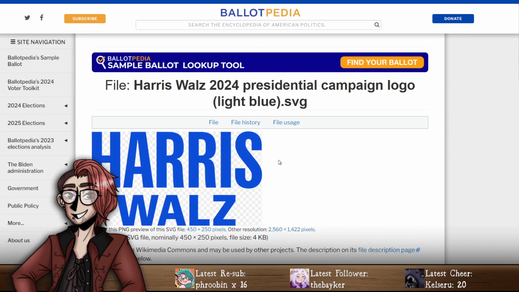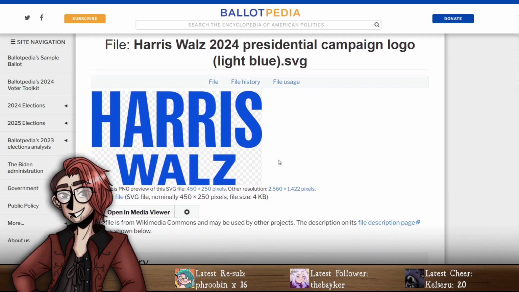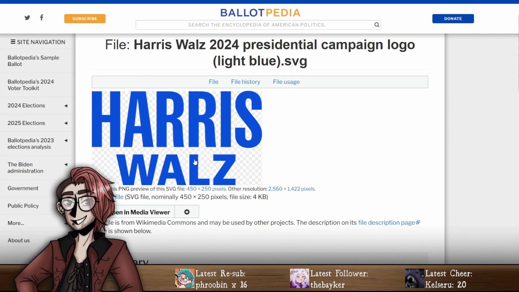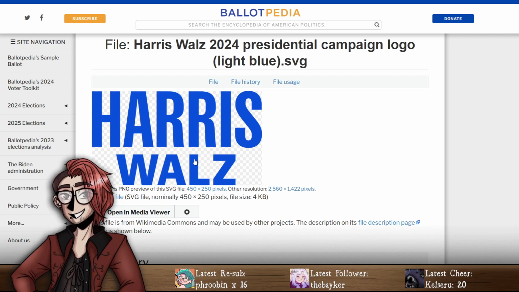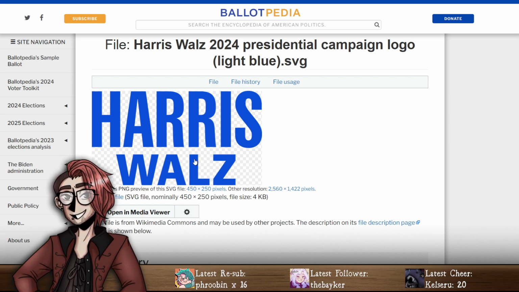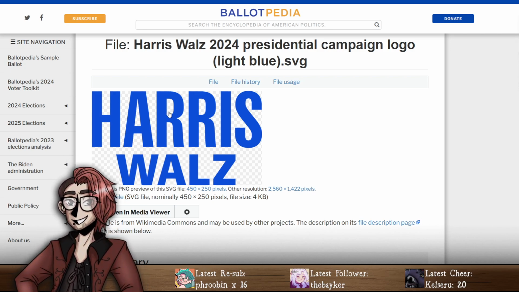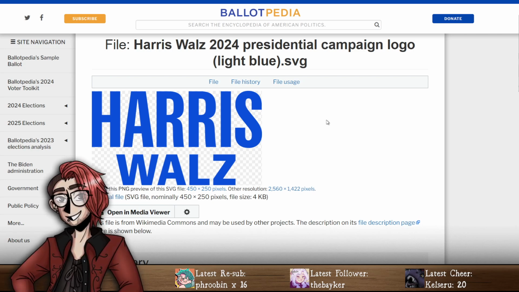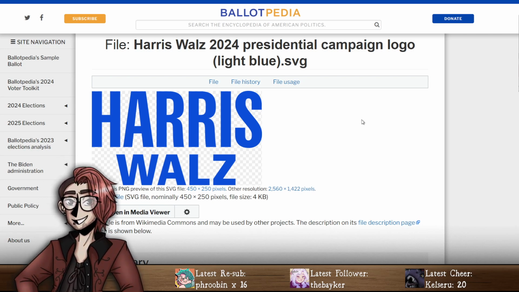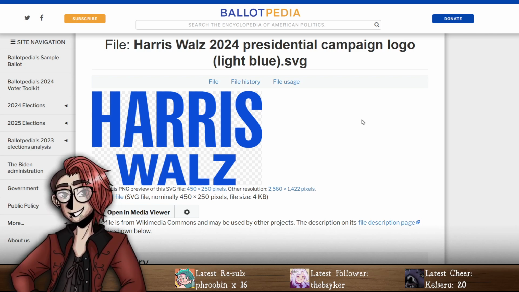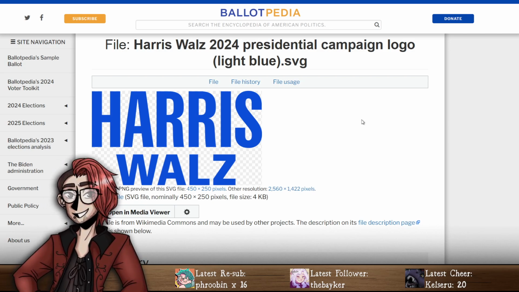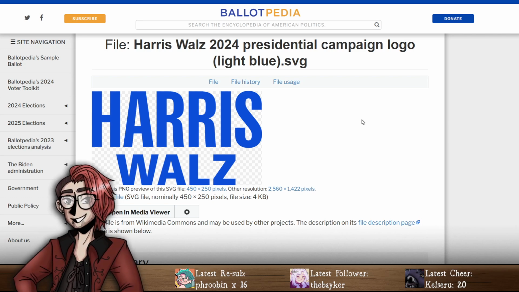And Harris Walz. When I first saw this, I was like, I don't like that they're 2 different fonts. Why are they not the same font? But this is the Harris font from the Kamala Harris campaign last election, and I spoke very highly of that campaign. I really liked that campaign's logo.